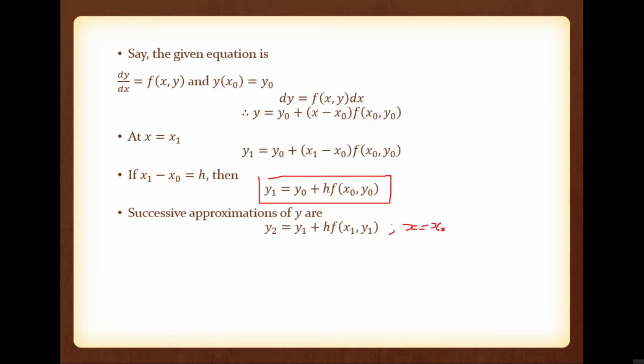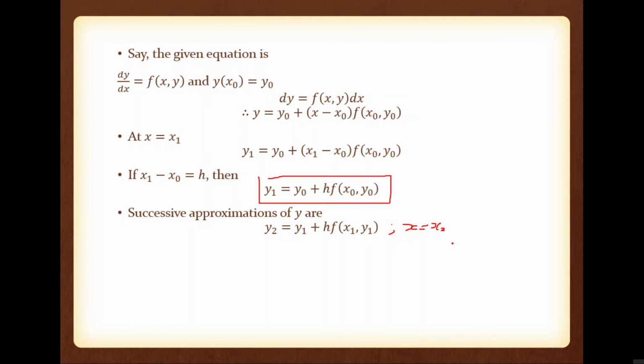Then by using x2 comma y2, we can find y3 corresponding to x3. What is y3? y3 is equal to y2 plus h into f of x2 comma y2. So successively we can find the value of y of x.